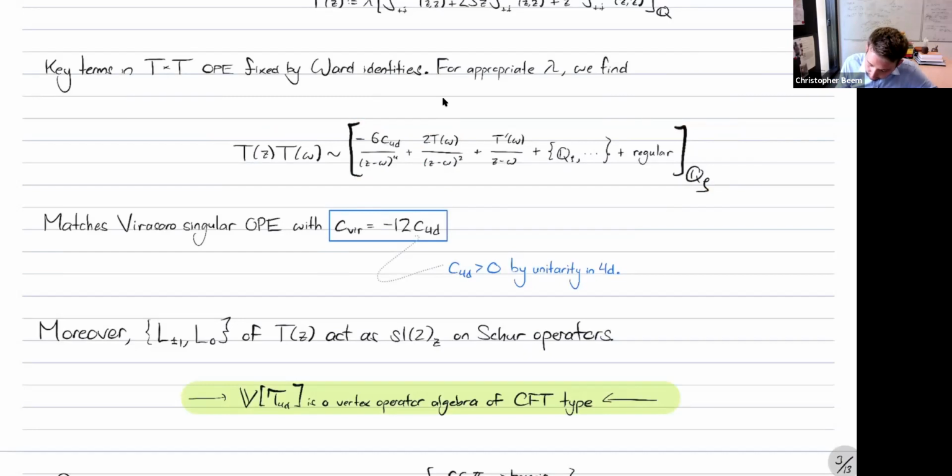the term that you get over the quartic pole is determined in terms of the C-type Weyl anomaly coefficient in 4 dimensions that I've called C_4D.